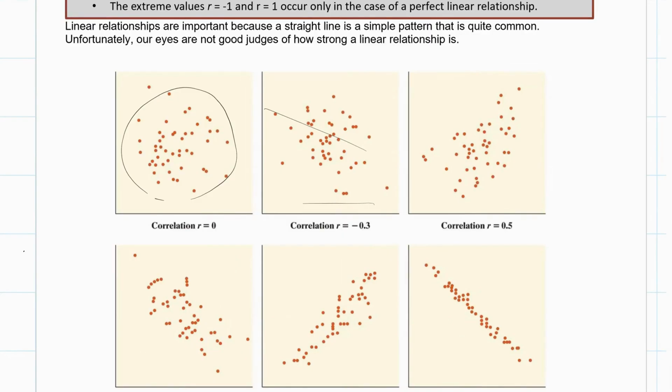And as they tighten up, the numbers get bigger. Even though this doesn't look very tight, it's got a pretty good R value, meaning it's relatively close to -1. And here's something that's nearly perfect in its correlation, -0.99. Okay.